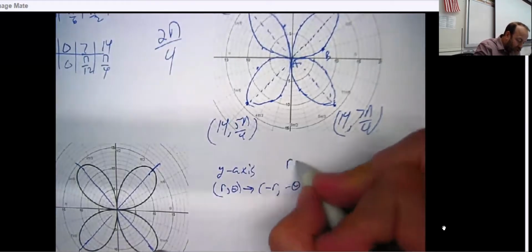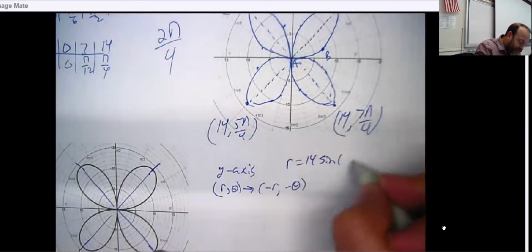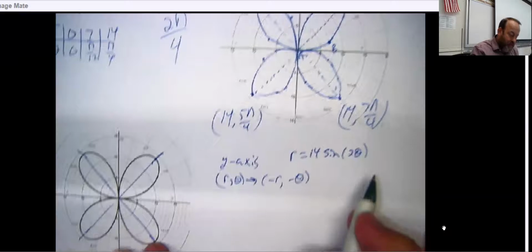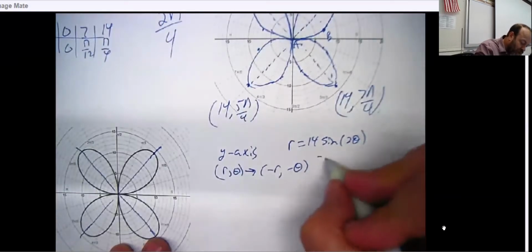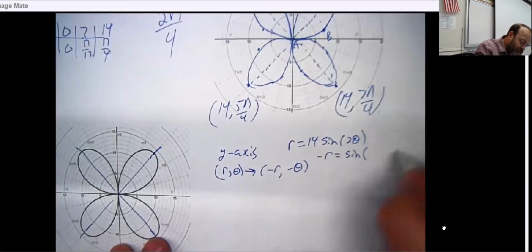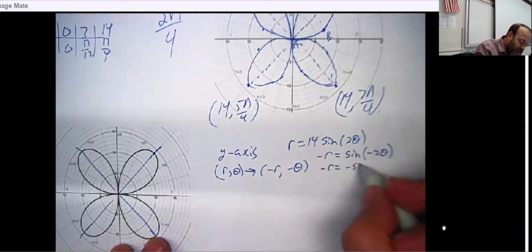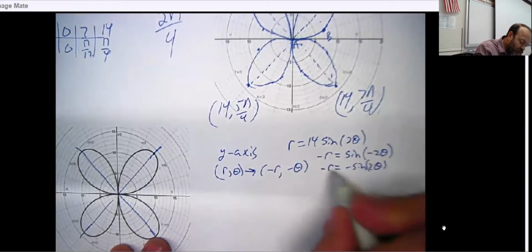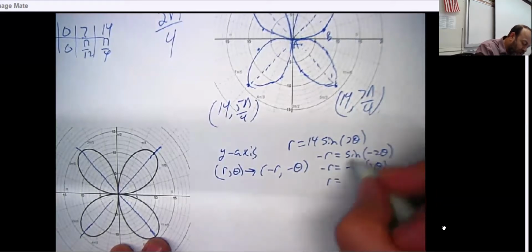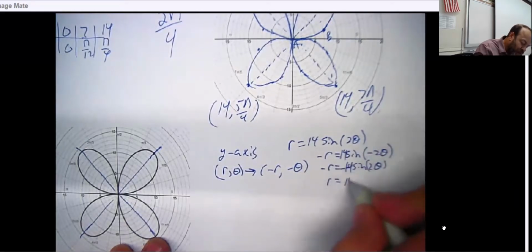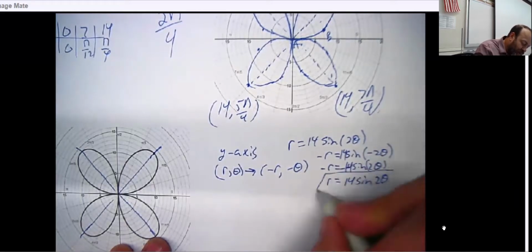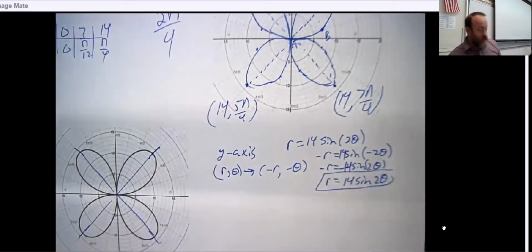So if this is my original problem, this is actually a very easy one to prove, because if I replace r with negative r and I replace theta with negative theta, it's really nice because the sine is an odd function, so the negative pops in front, and you're going to notice that the two negatives cancel each other out, and I got back to the original problem. Forgot to put that 14 in front. And so anyway, we got back to the original problem. That's awesome. So I know that it has y-axis symmetry.